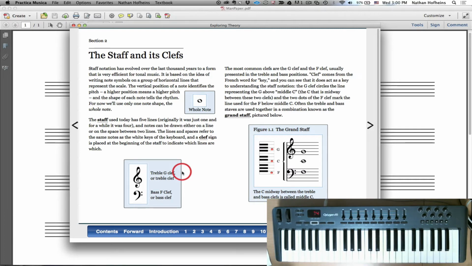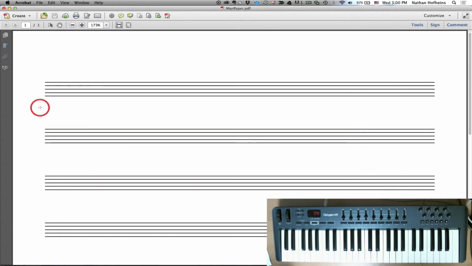The two clefs that we're used to seeing are the treble clef and the bass clef. We also call the treble clef the G clef, and the reason why is because it kind of looks like a G, right?